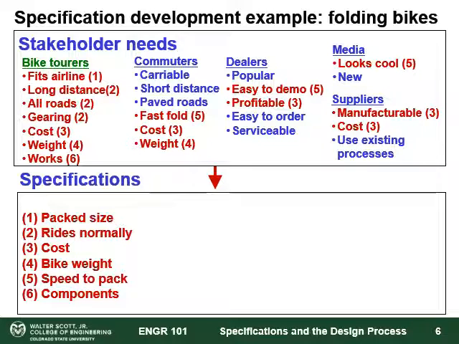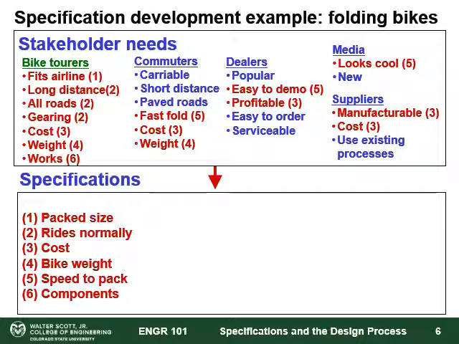Whether it rides normally, and you can see that there's a number of number 2s that I've identified there in the bike tours column, that it can be ridden for a long distance, that it works on all roads, that it has the right gearing. And when you'll see what I'm going to do with the measures on that, I'm only going to concentrate on one, and I'm going to list some of the others in a slightly different place.